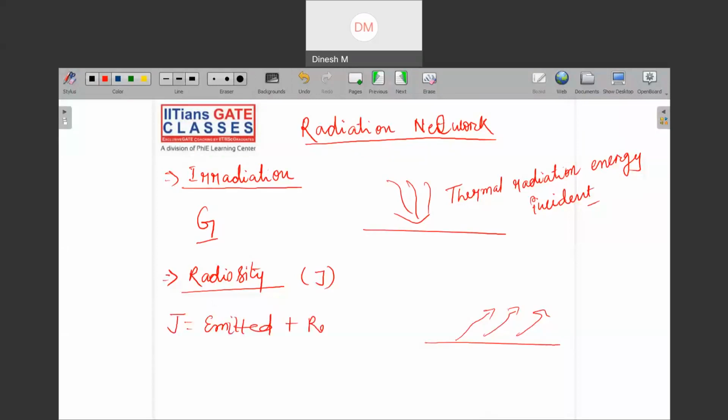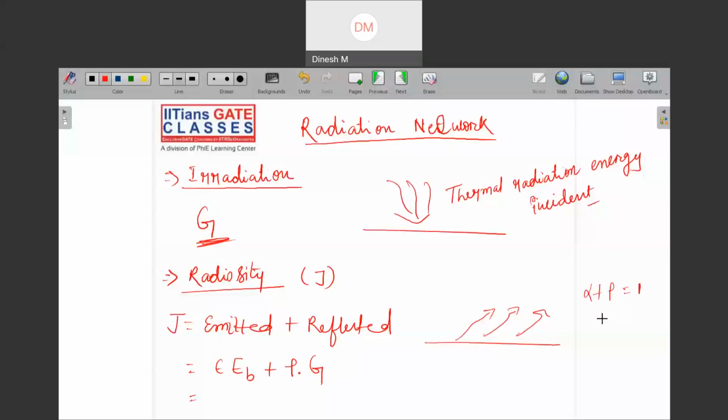Emitted plus reflected. What is emitted? Emitted is nothing but E into Eb, and what is reflected? Rho times of what was falling upon you, G. Can I write like this? And for any opaque surface, if it is not transmitting, then can I write down that alpha plus rho is equal to 1?